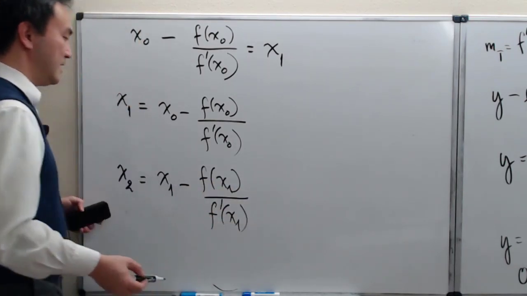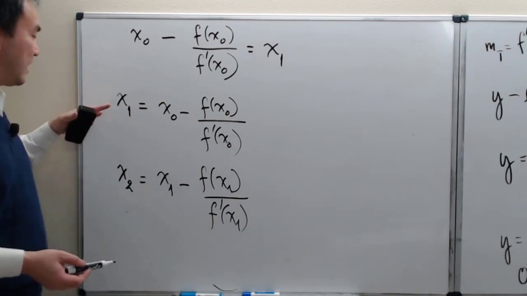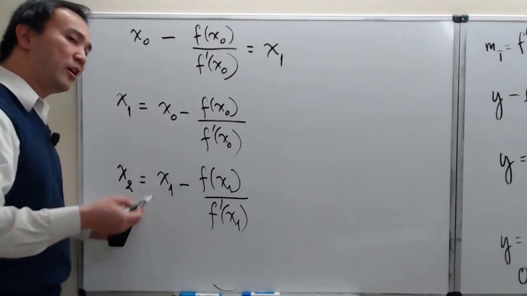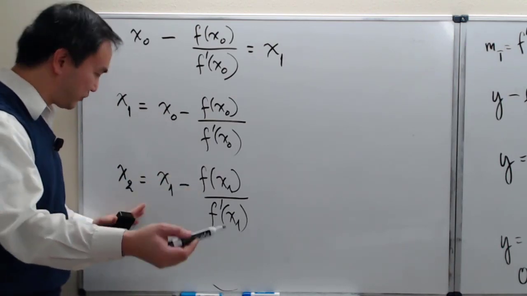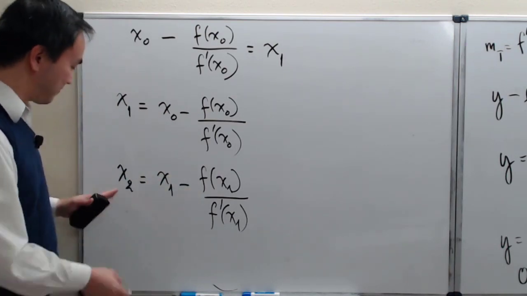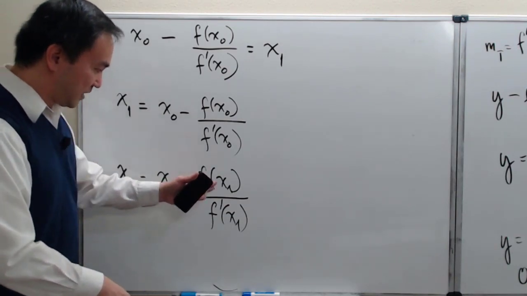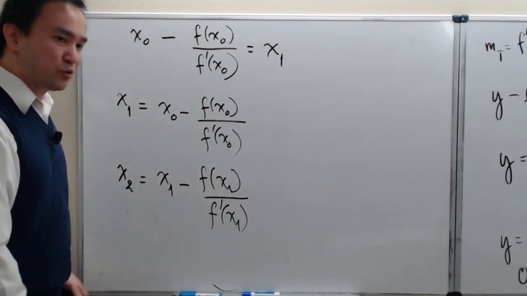I showed the work deriving x1 from x sub 0, and you can do the same on your own. I highly recommend you try, and the work is simple enough. So x2 will be for sure equal to x1 minus f of x1 over f prime of x1.